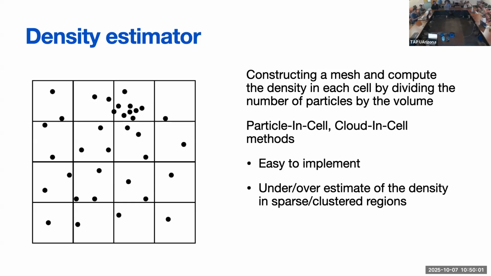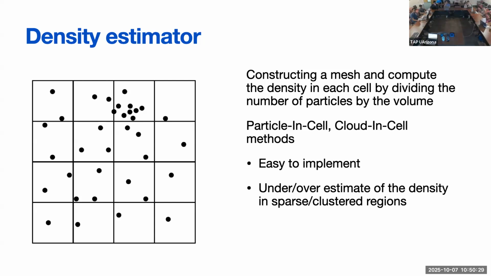We divide our space into cells, and we compute the density in each cell by summing the mass of the particles inside each cell and dividing by the volume of the cell. These methods are called, for example, particle in cell or cloud in cell. This is an Eulerian way to compute the density, because you are building a mesh, a grid.